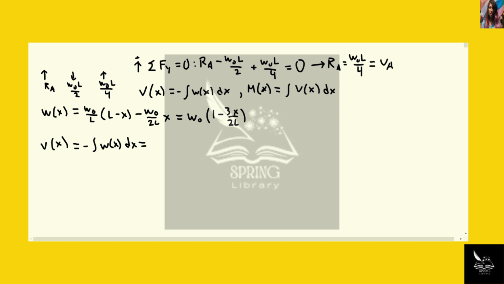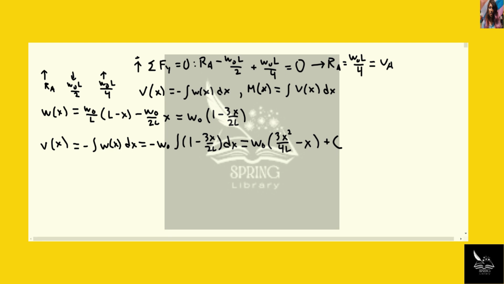And so we'll take out a constant W0, and we'll have 1 minus 3x over 2L dx. And the result of this will be a W0 and quantity 3x squared over 4L minus x, and we have our integration constant C.